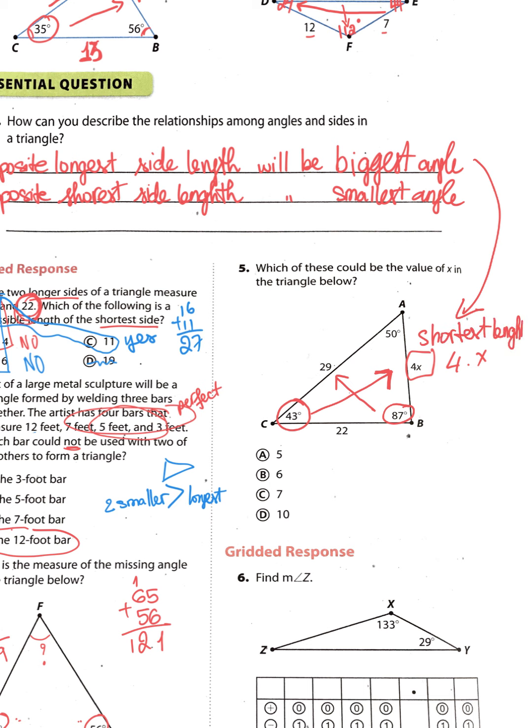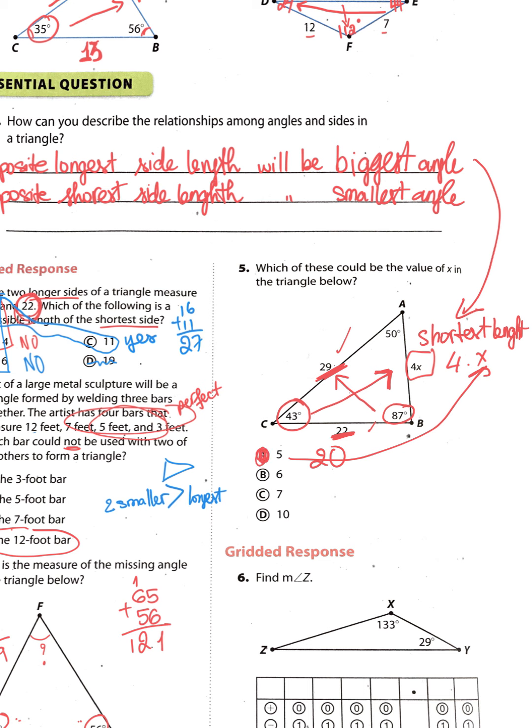If my value of x multiplied by 4 is greater than these two, that's not going to be correct, right? It needs to be the shortest one. Make sure to multiply by 4 as well. So 5 times 4 gives you 20. 7th grade dismissal. A worked perfectly because 20 is less than 22 as well as 29.